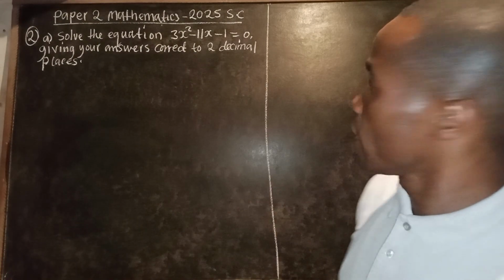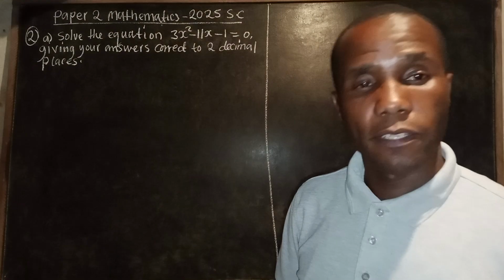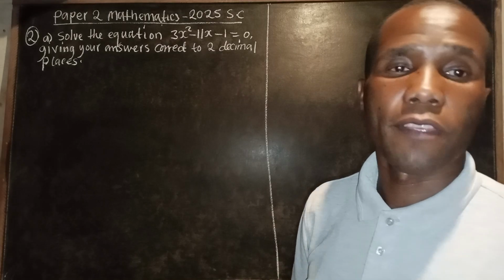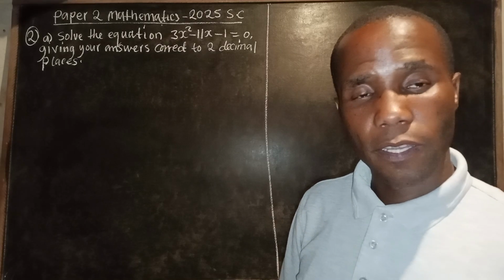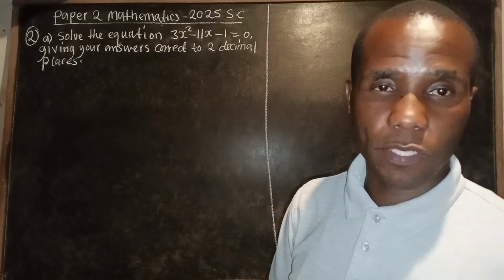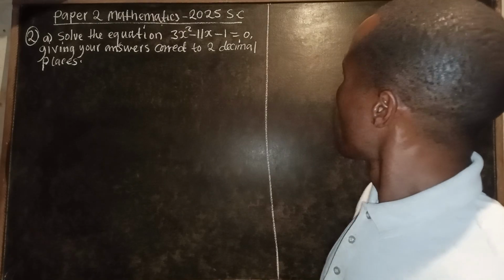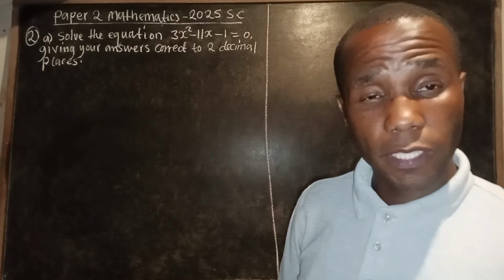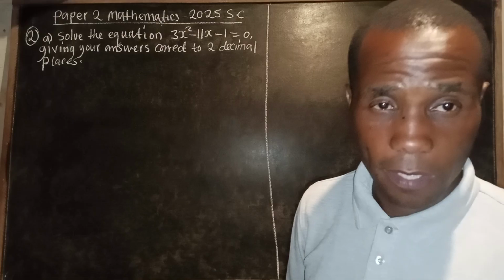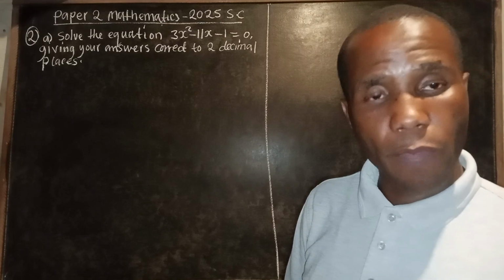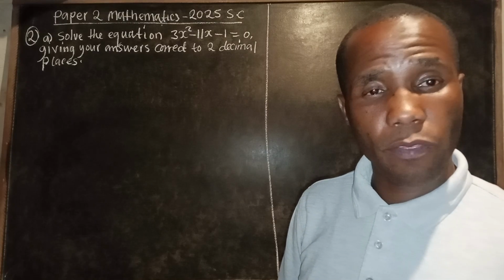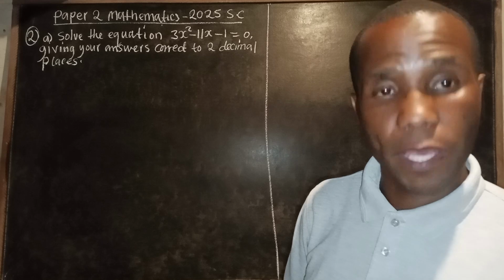So this question is a quadratic equation. Therefore, there are about 3 methods that you can use to come up with the answer. We have the formula method, the factorization method, and the completing the square method.